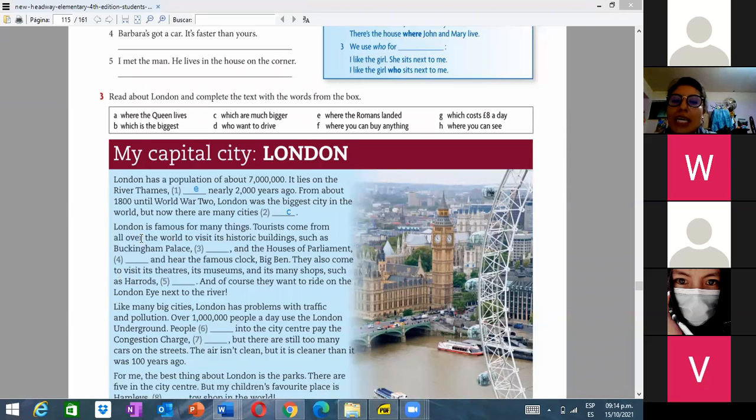Right? The next, London is famous for many things. Tourists come from all over the world to visit its historic buildings, such as Buckingham Palace. What's the next? A, very good. Okay, vamos a leerlo después todito juntos, ¿sí? Mientras tanto, así nada más. A, very good. And the Houses of Parliament.